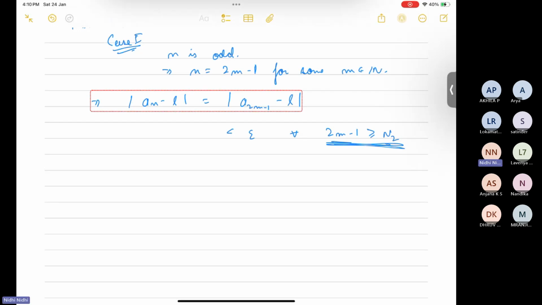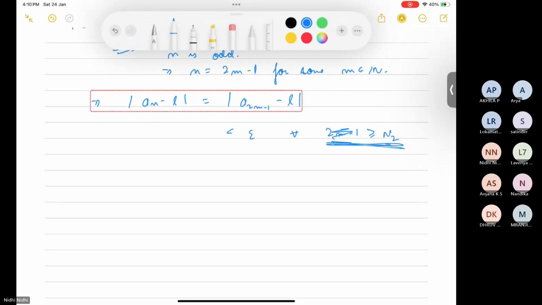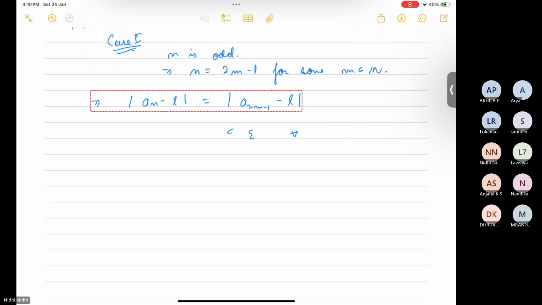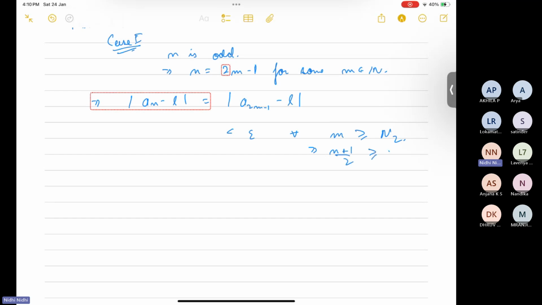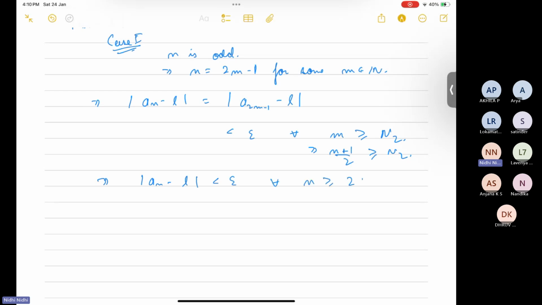From here we'll get for all m greater than or equal to n2. Now this m is actually (n plus 1) by 2. So (n plus 1) by 2 is greater than or equal to n2. That means mod a_n minus l is less than epsilon for all n greater than or equal to 2n2 minus 1.